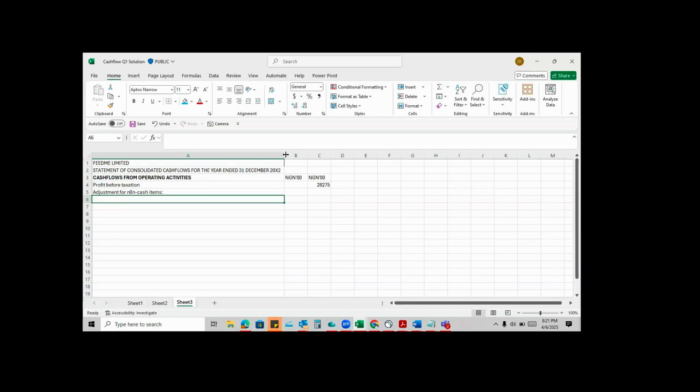investing activity. All right. Now, I also want to believe that after the class we had 2 weeks ago, we shouldn't have a problem with classification. Even the standard did not say some things have to be in a particular place. Just have your own guidance. I've said it. If you are dealing with operating activities, you're looking at the income statement to make some of these adjustments that I'll be doing now.